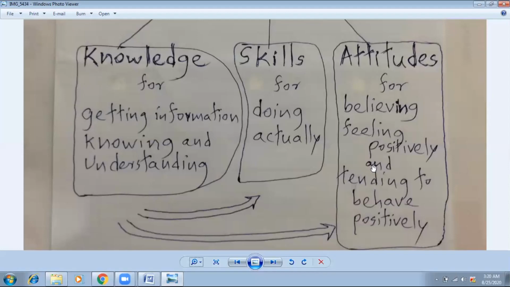Then you will spend hours and hours learning it by following videos, following notes, and reading relevant books, at least one book. Okay, so then you have the right attitudes.